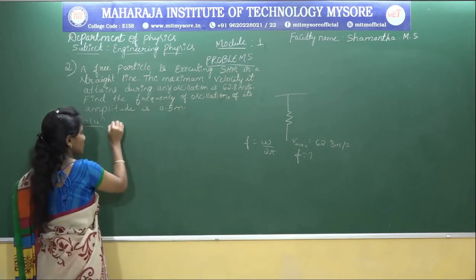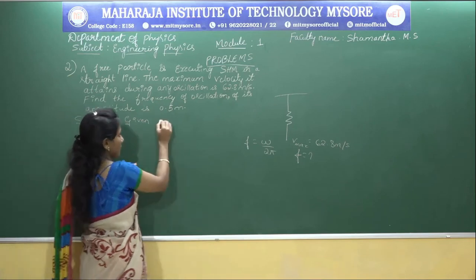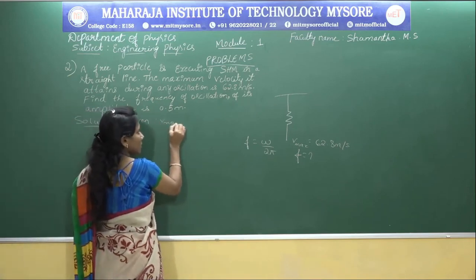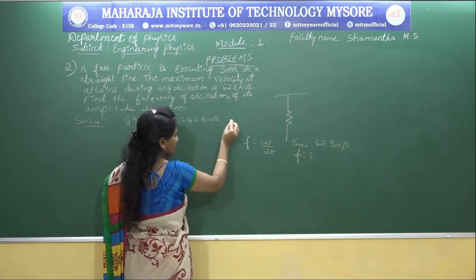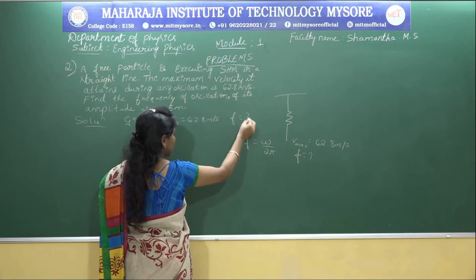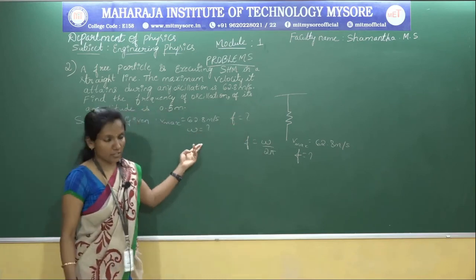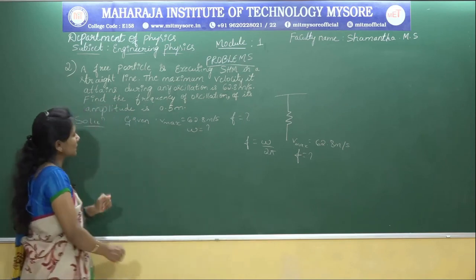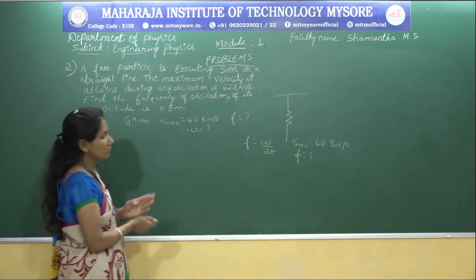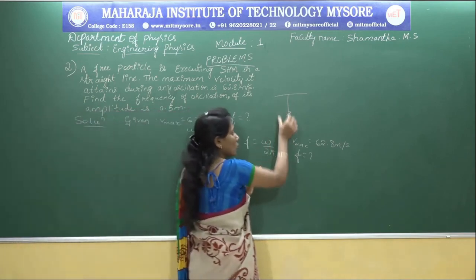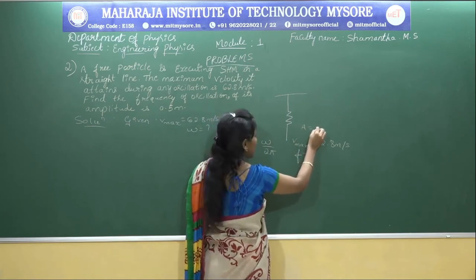So, what are the things first given? Write it. Given V max value is 62.8 meter per second, and the frequency we have to calculate. So, to calculate the frequency, first we have to calculate the angular frequency. Here only the maximum velocity is given and the particle is oscillating with the amplitude of 0.5 meter.